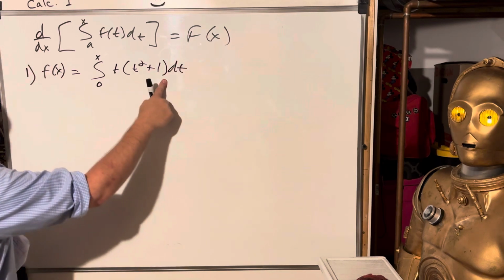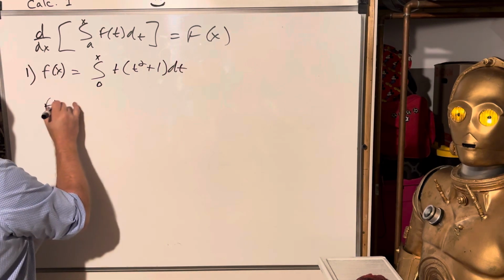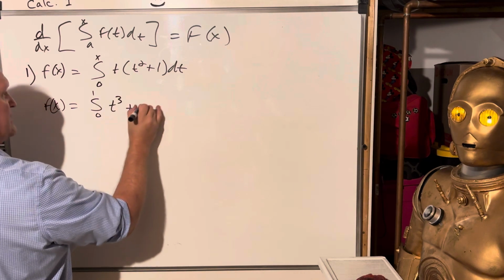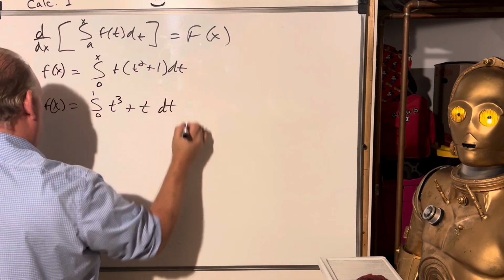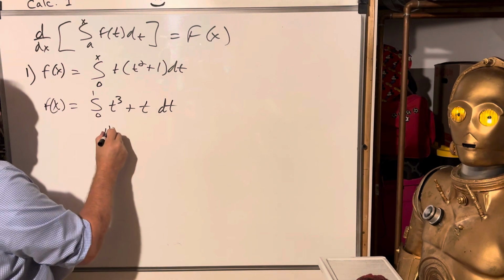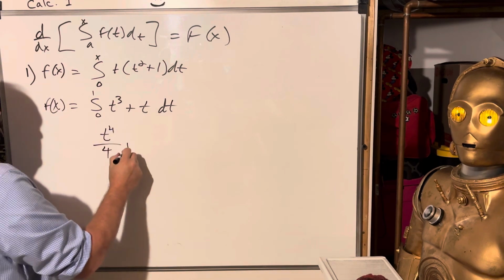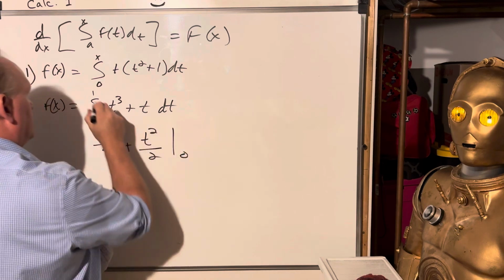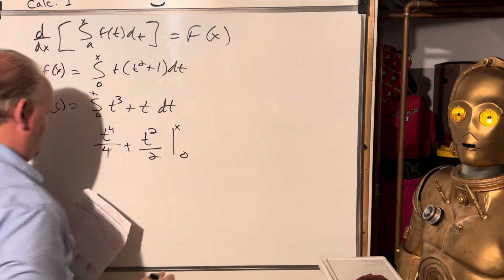So we want to do a quick rewrite on that: t cubed plus t dt, and then integrate. So add 1, that's t to the 4th, divide by 4. Add 1, that's t squared, divide by 2, and go from 0 to x.